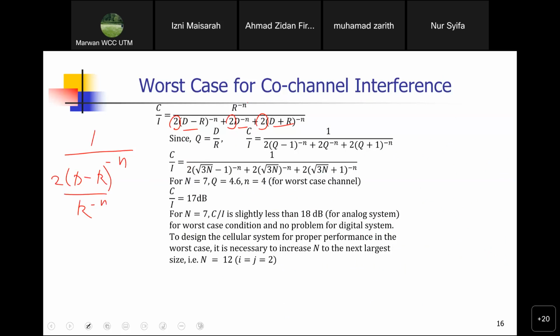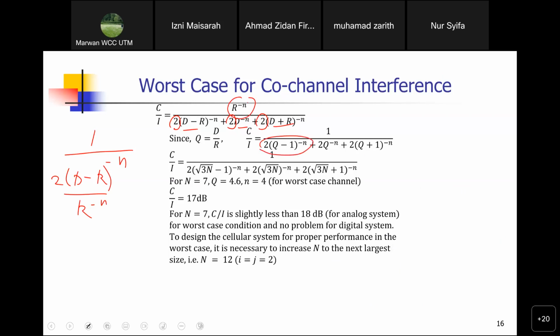Instead of putting it up, I bring it down, because I know the denominator now has 3 components, so I cannot take the denominator going up. Since I only have 1 component in the numerator, I can bring that R to the n down, and then I get the value negative n.